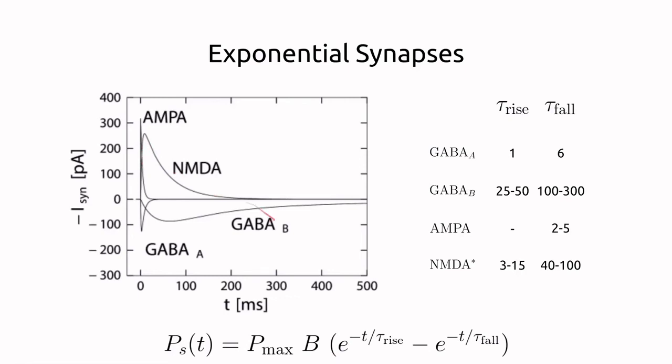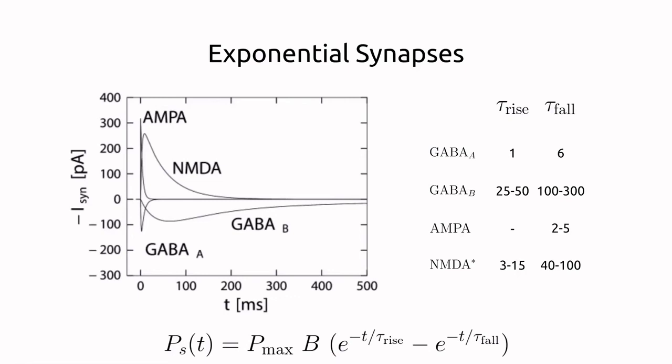The shape of these curves is controlled by these two time constants, tau rise and tau fall. They depend on the tau alpha and the tau beta that we had in our previous higher fidelity model of the neuron. But we can also take empirical data and fit these quantities to get the shapes that we want.